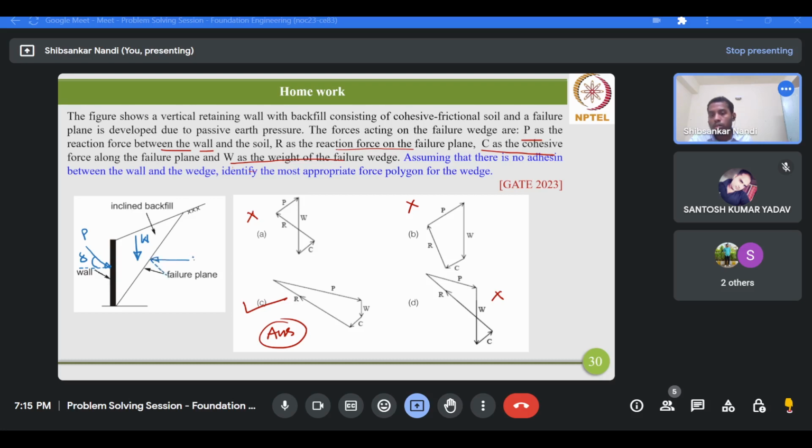So this is the reaction with an angle phi, and this is the basic force. So this is W acting in the downward direction. This is C in this way. This is R, and this is P. So option C is the correct force polygon for the given problem statement.